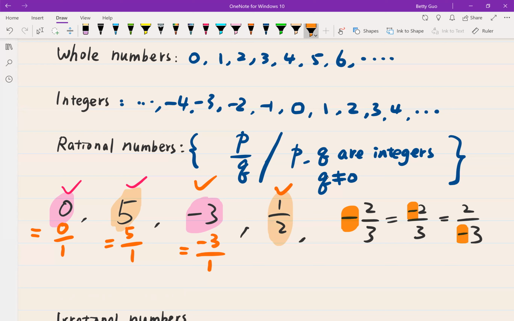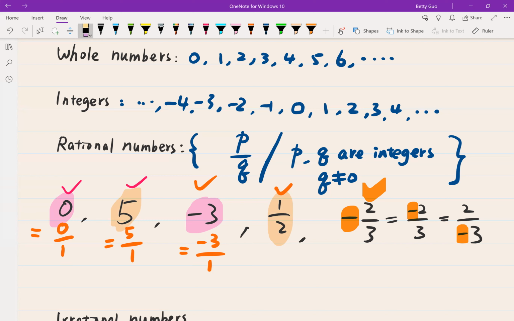They are all the same. So you can tell we could write negative 2 over 3 as a quotient of two integers, negative 2 over 3 or 2 over negative 3. That makes negative 2/3 a rational number. So they are all rational numbers, right?